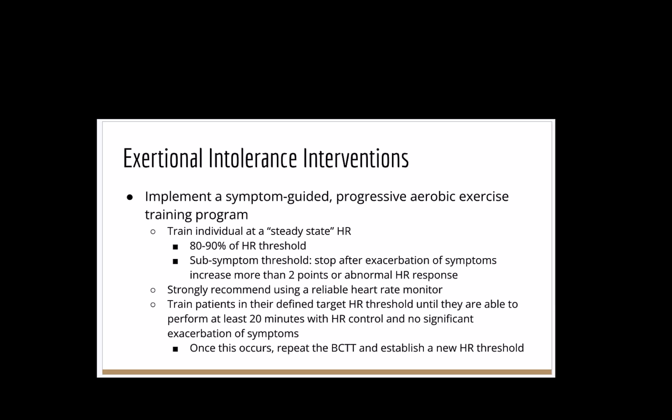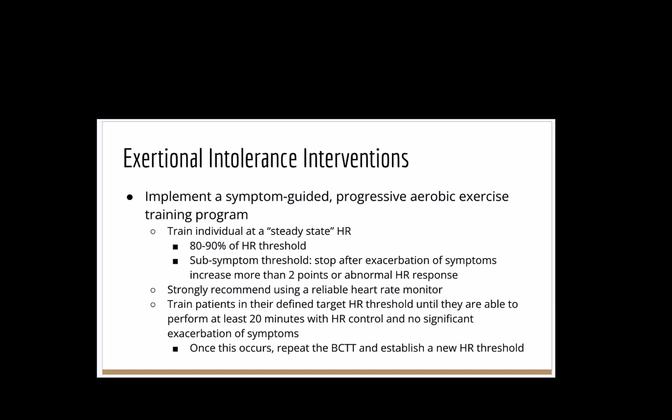And so doing that Buffalo concussion treadmill test is really important, because that's what you're going to use to set that threshold. Whatever they get on the Buffalo concussion treadmill test gets you that ballpark heart rate threshold, and then you can comfortably train that person at a percentage rate below it. Most of the research, I say, is somewhere between 80 to 90%.